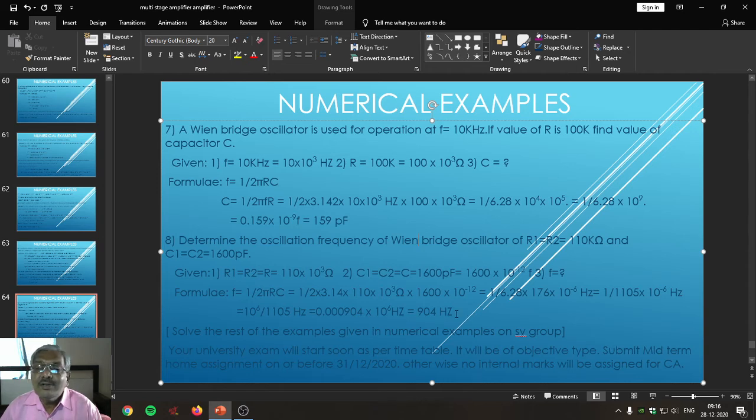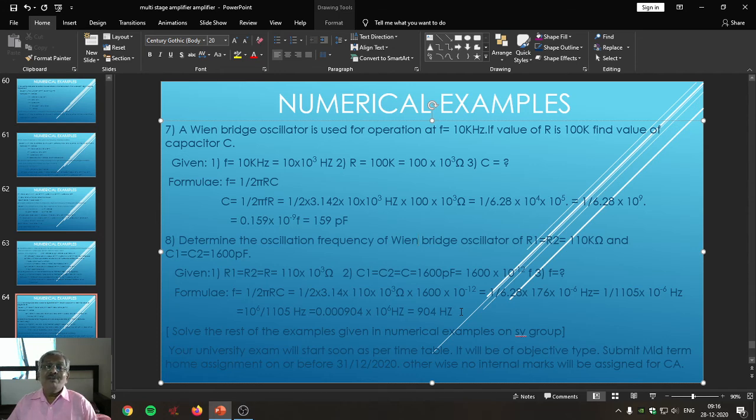Friends, almost all types of examples we tried to solve. These are some sample examples which are represented here. There may be many different types of examples which are going to be asked.